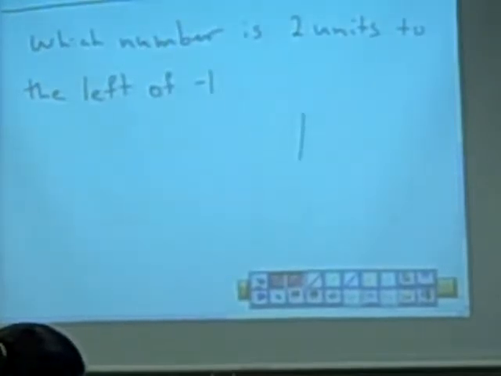Okay, so they don't require you to have a number line, but I would recommend that you put one there because it'll help to start with.